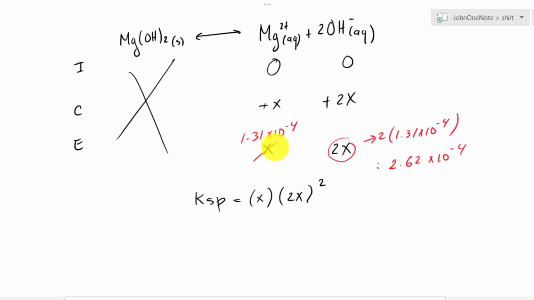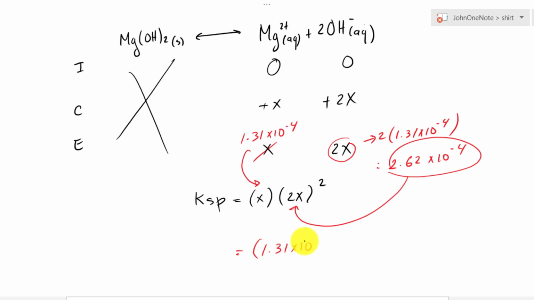Now we know what it is going to be like. So now we just plug this in here, okay? And we plug this into the formula. And all you have to do now is just type in your calculator 1.31 times 10 to the negative 4 times 2.62 times 10 to the negative 4 to the second power. And what do we have?